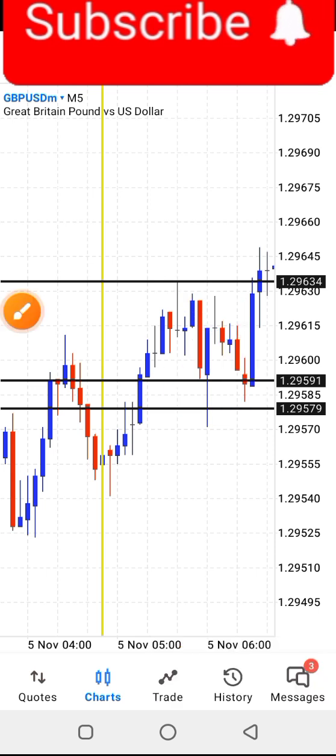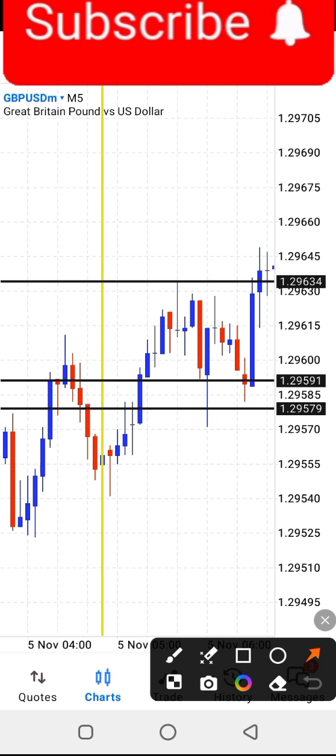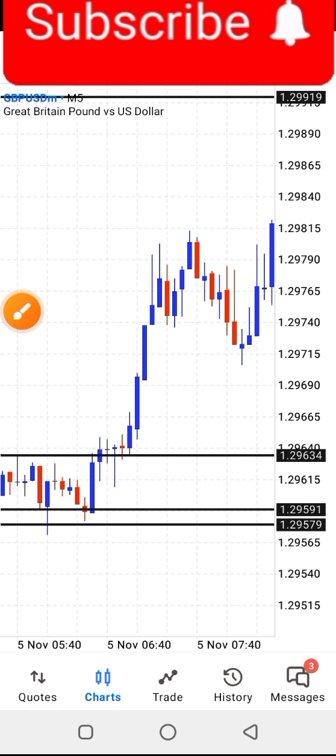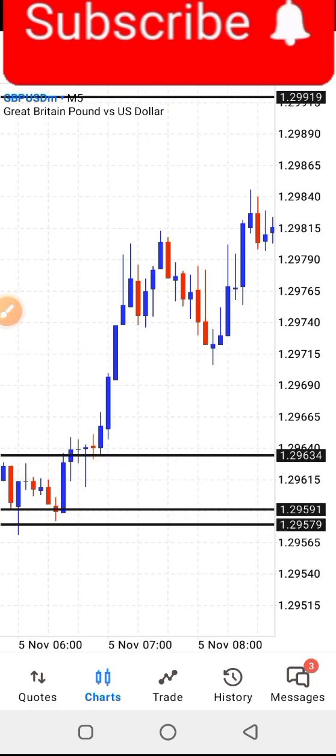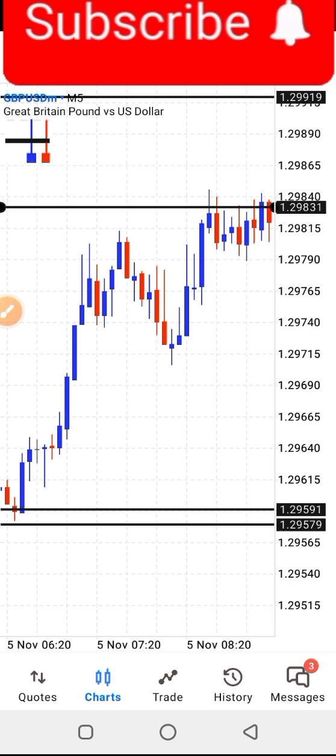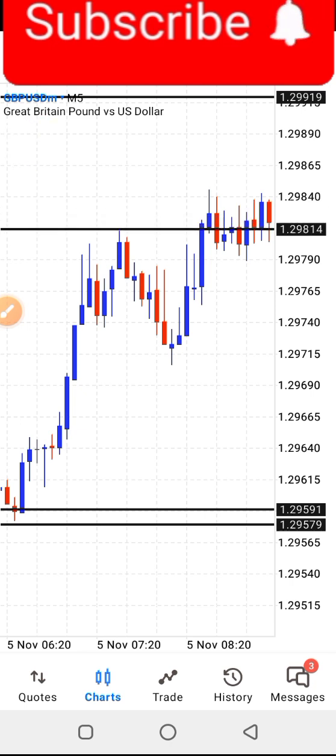Once it took the internal liquidity, the next thing it would want to do is to take external liquidity, which is this high. So price is going to push up and clear the high. Hope it's clear. You can see the way that high got taken out. As price has cleared the high, it has created a new external liquidity at that high.